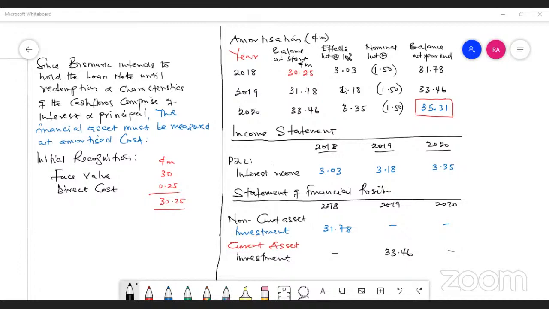That is also factored into the effective interest rate, and that is making the effective interest rate less than the nominal interest. In our part of the world, it cannot happen because you cannot redeem at a discount, but elsewhere it can be redeemed at a discount, so that scenario can happen there.